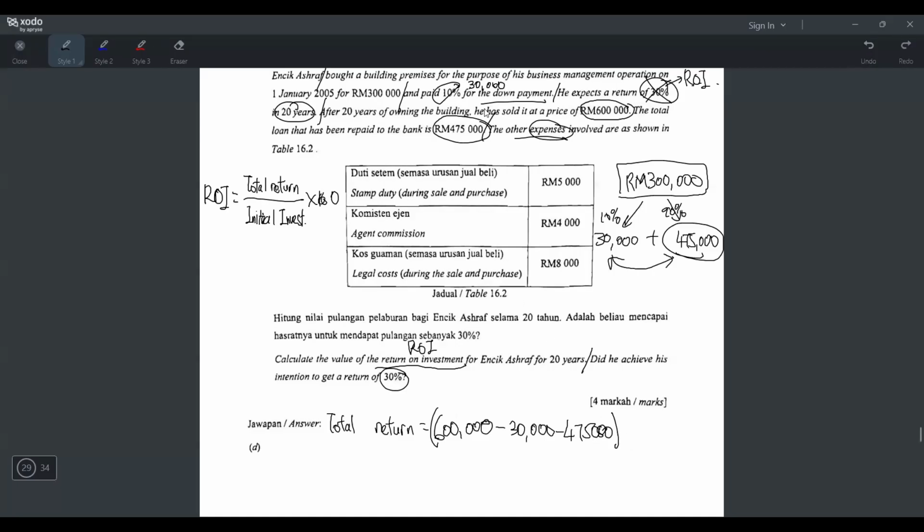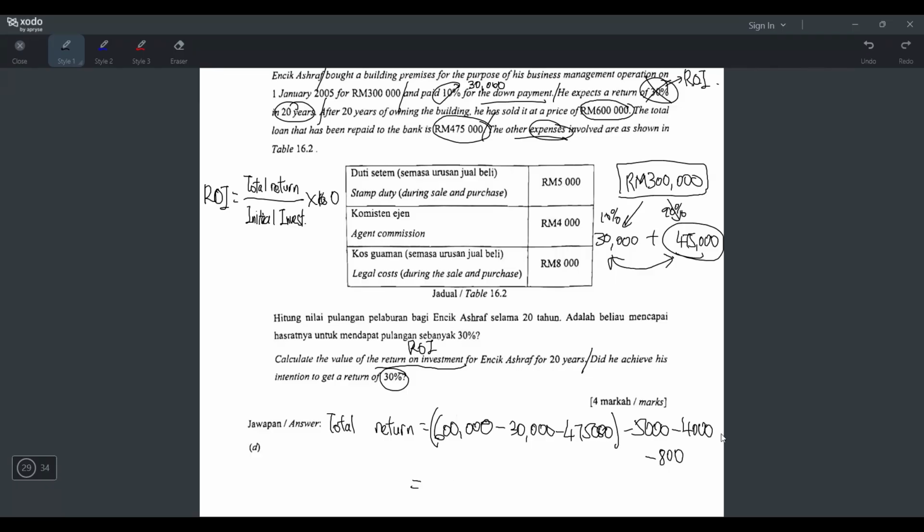And then there are still some other expenses that he spent. What else did he spend here? Oh, the stamp duty, right? So minus 5,000 also, and then the 4,000 also, and then the 8,000 also. So press this, and then you get your total return.